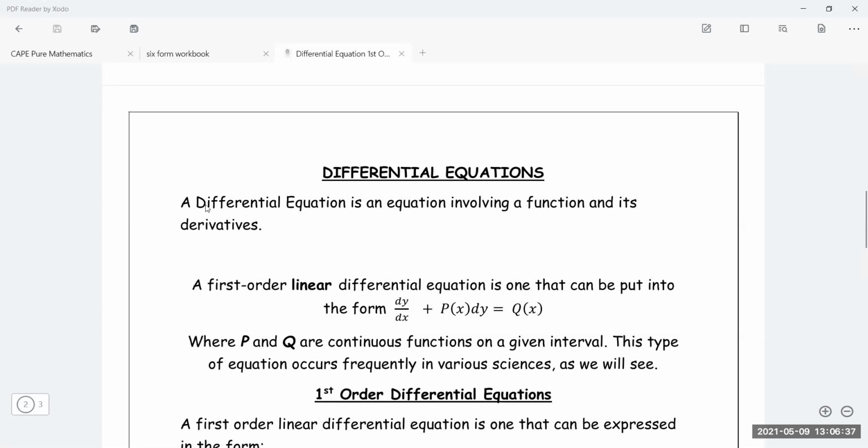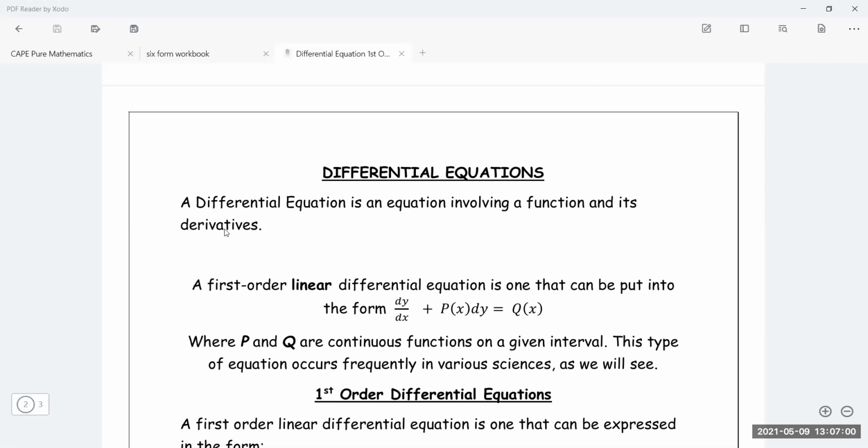First thing, Marika, is we need to know a definition of differential equation. Not that you'll ever get a test asking you what is a differential equation, but just so you know a definition. What's a differential equation? A differential equation is an equation involving a function and its derivative. Let's say that one more time.